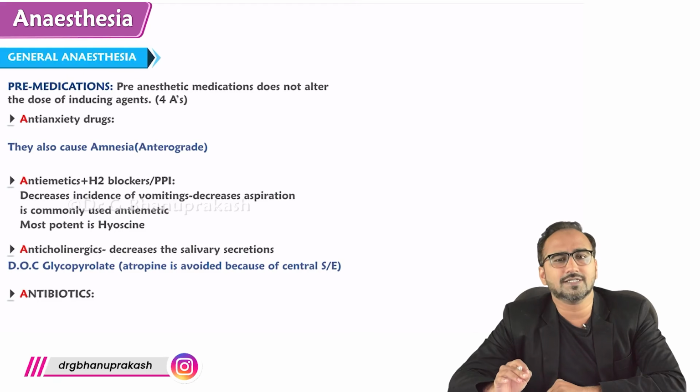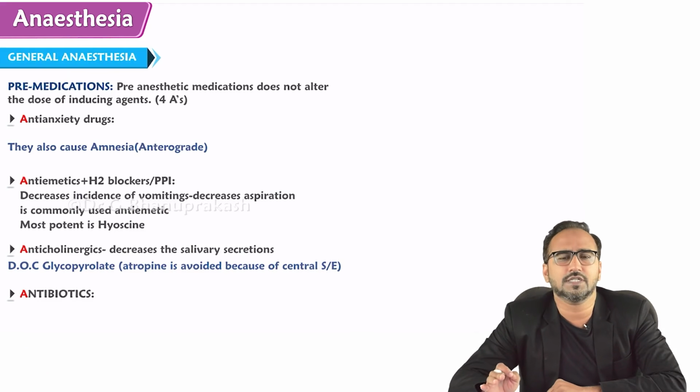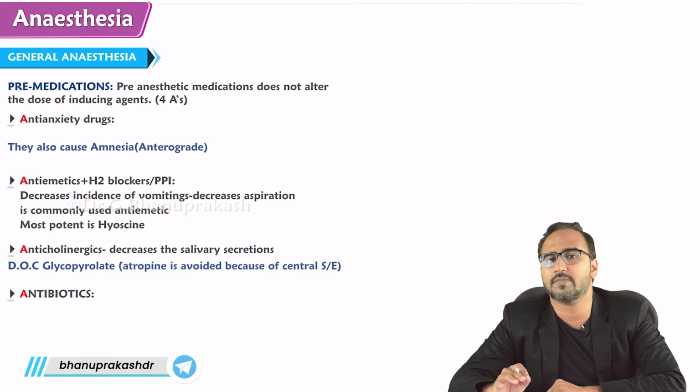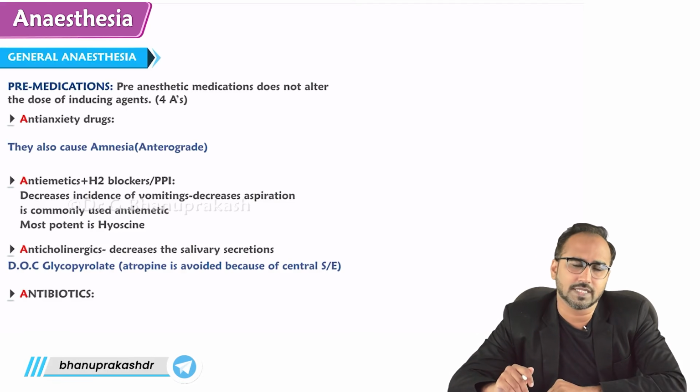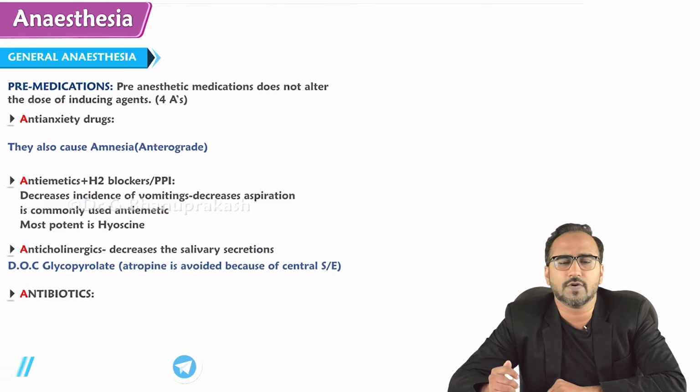General anesthesia is indicated for the surgeries which are done above the level of umbilicus. It could be major surgeries or any surgery, but for surgery done above the level of umbilicus, the anesthesia that we need to give is called general anesthesia. For any laparoscopic below-umbilicus surgery also you have to go for general anesthesia.